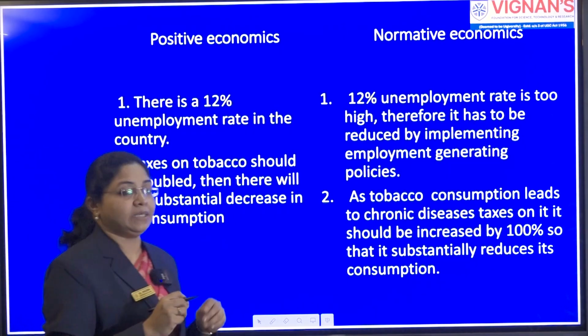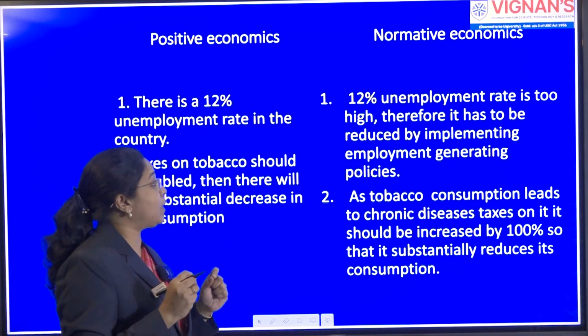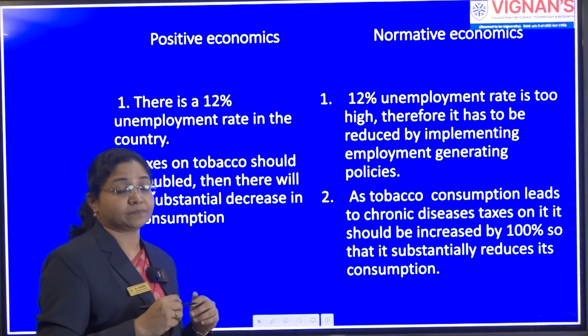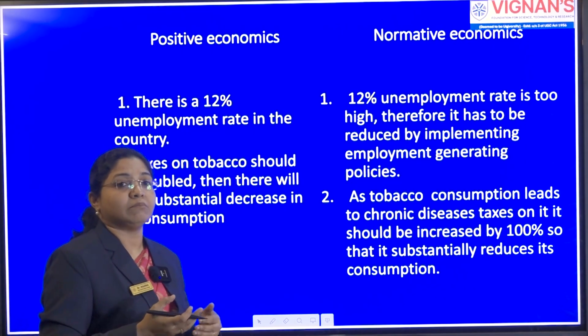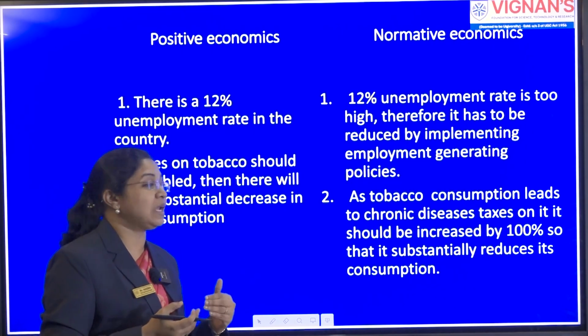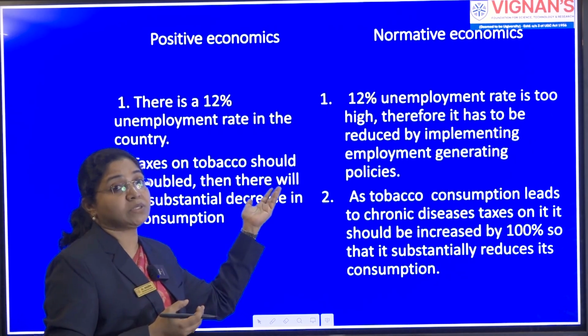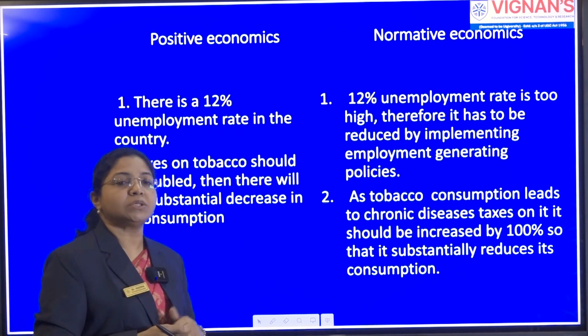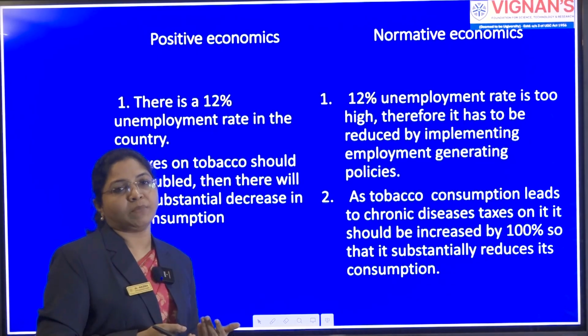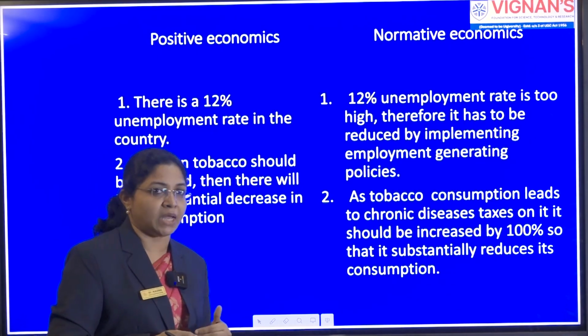On the other hand, a 12% unemployment rate is too high. So what does the government have to do? Ideally, the unemployment rate should be very low, but here unemployment is 12%. So what should a government ideally do? It should generate some employment opportunities in order to reduce unemployment.